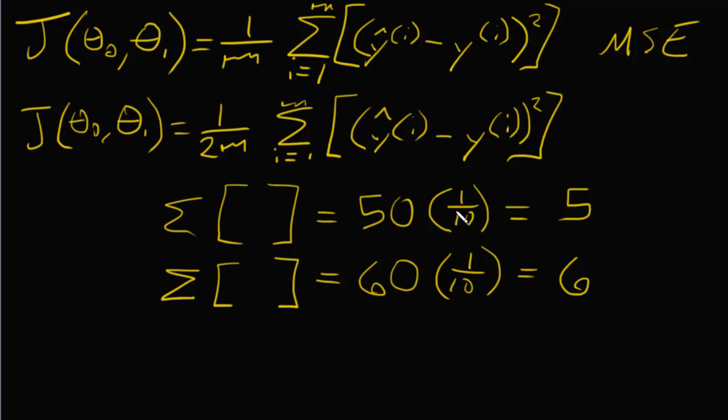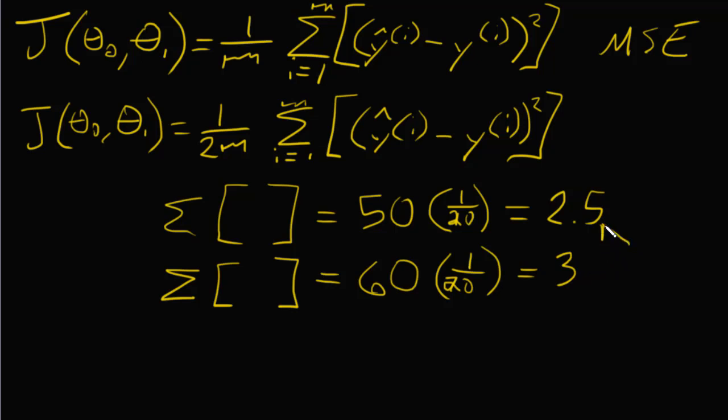Now, if I change that to a 2m, so 20, now instead of the 5, I'm going to wind up with 2.5, and this instead of a 6 will wind up 3. But the relationship is still the same.